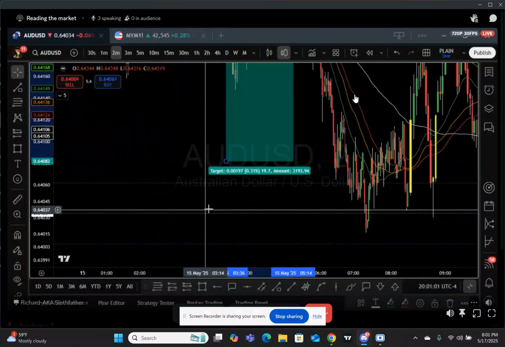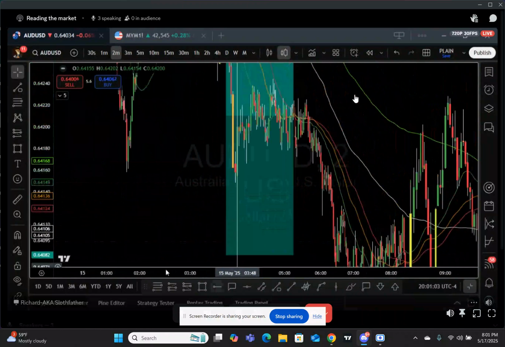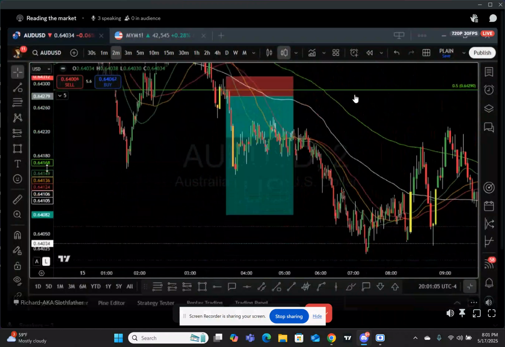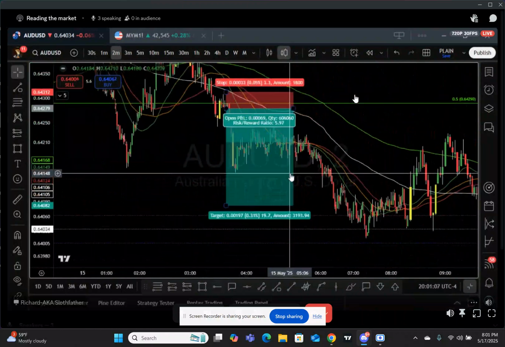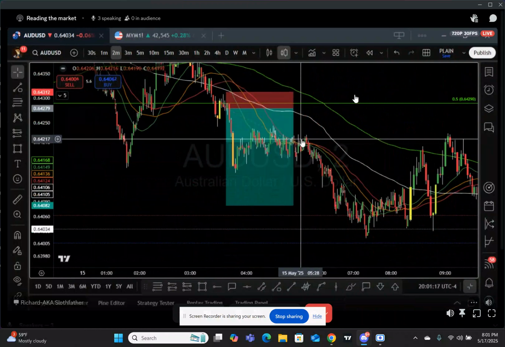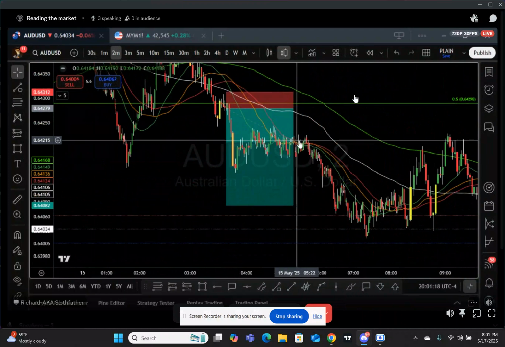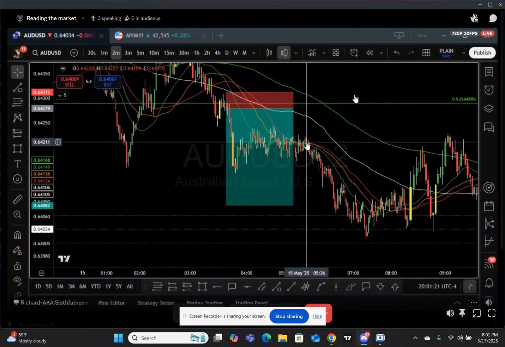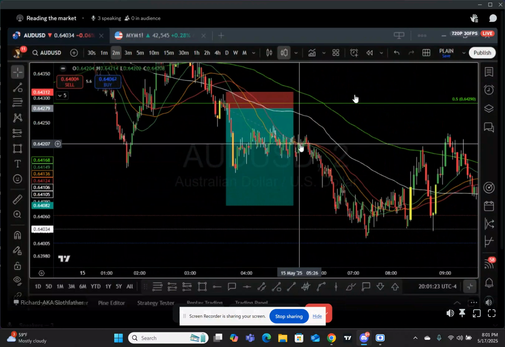No. Why? I just nailed a 6-to-1 trade. Now, you could say this here closed above and didn't get back below, but why would I not close the trade there?